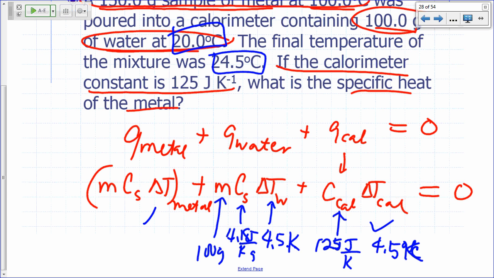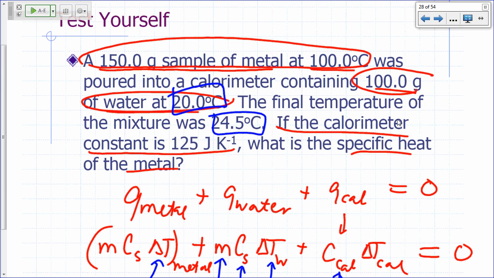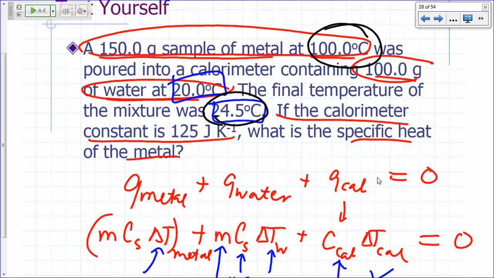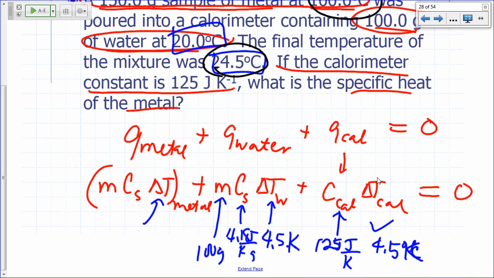Do you know delta T for the metal? The metal started off at 100 degrees and ended up at 24.5. So delta T for the metal is negative 75.5. Keep in mind that's negative.